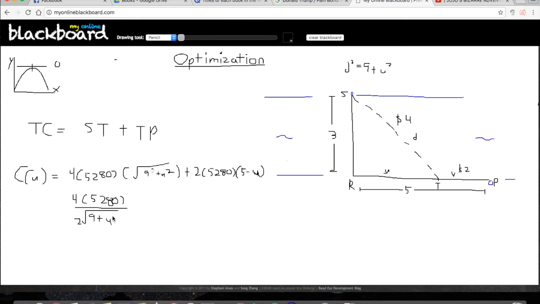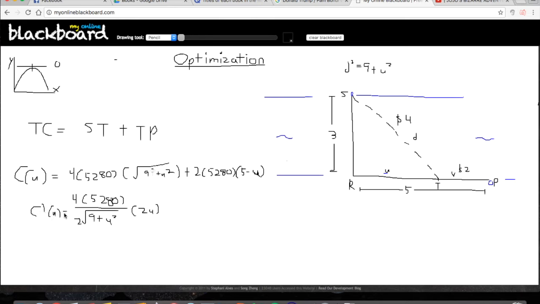And then we apply the chain rule, which means that we multiply this by the derivative of the inner function, 9 plus u squared, which is 2u. Don't forget the chain rule. And this is going to be c prime, by the way. C prime of u is equal to this.